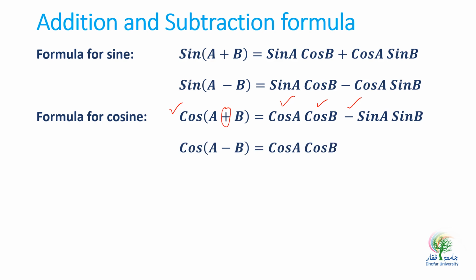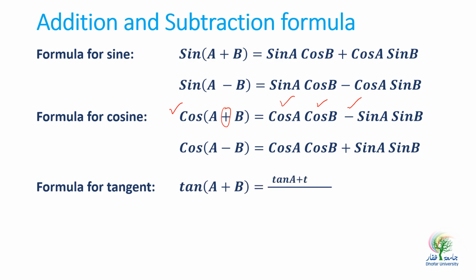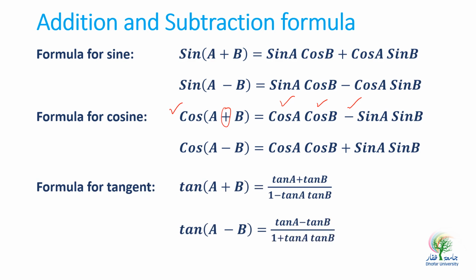Cosine A minus B is cosine A cosine B plus sine A sine B. Tangent A plus B equals tangent A plus tangent B divided by 1 minus tangent A tangent B. Tangent A minus B equals tangent A minus tangent B divided by 1 plus tangent A tangent B. So memorize these formulas.